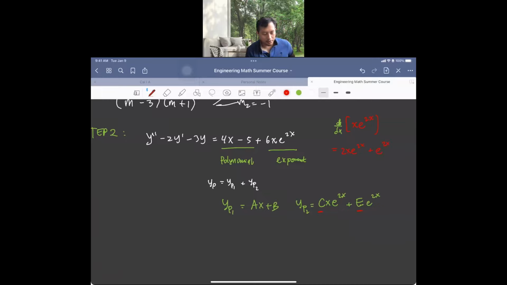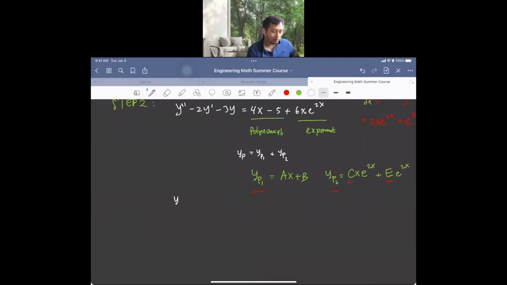So we have these two products that will be a similar form. So that is the way we are going to write our solution. Let's say we have these two yp. So our total yp that we predict to be our solution is ax plus b plus cx e to the 2x plus e e to the 2x.